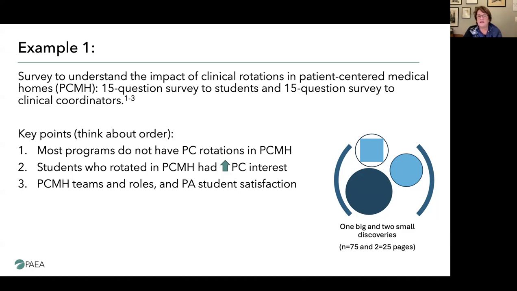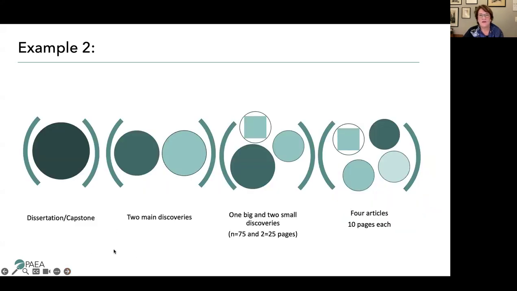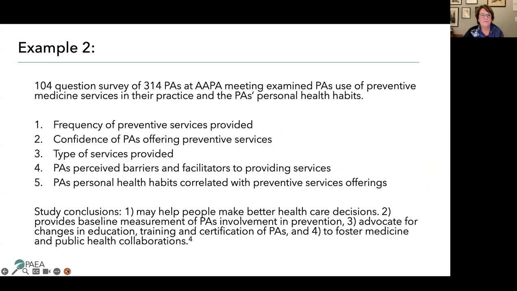And then the last article that we wrote was about students rotating in patient-centered medical homes having high levels of satisfaction and interest in primary care. And we thought this, number two, was actually the most important element because it had the largest opportunity for policy change. Okay, so here's another example. Remember the schema.